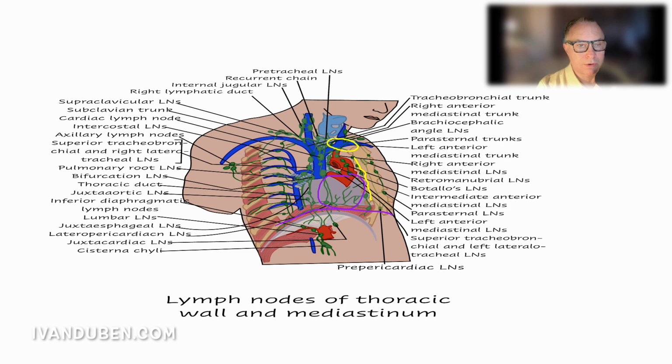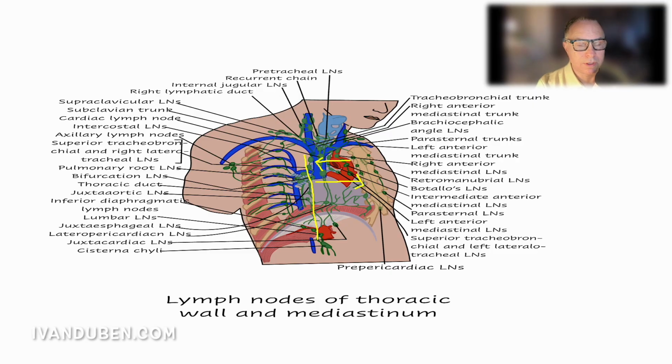What's important to remember is that the direction of the lymph goes both ways. If we add the thoracic duct in here, the direction of the lymph in these chains goes towards the duct, deeper, and also some of the deeper lymph nodes surrounding the thoracic duct will go out to the superficial nodes as well.